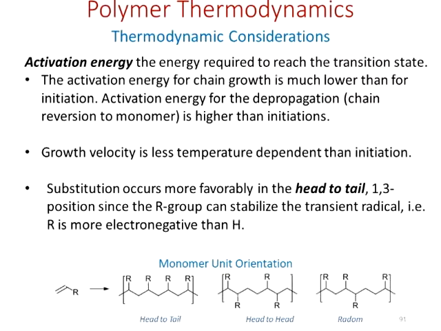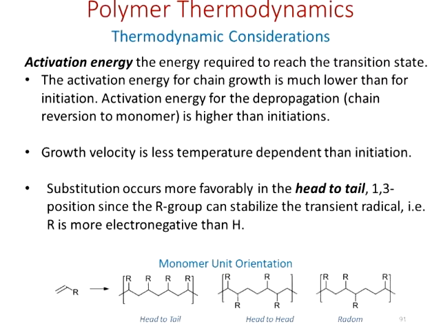All right? Now, when it comes to the way the monomers like to attack each other, the head to tail is more favorable. Therefore, substitution occurs in a fashion that favors the head to tail 1,3 position, since the R group can stabilize the transient radical. In other words, the R is more electronegative than the hydrogen, and therefore, at that position, we can form a more stable radical.